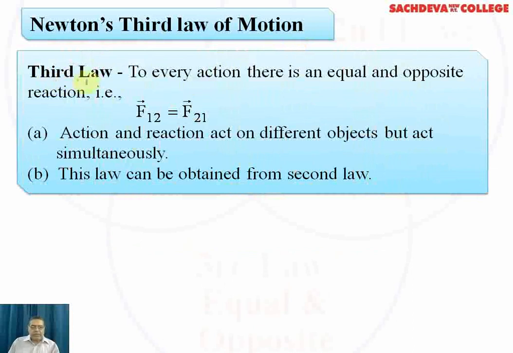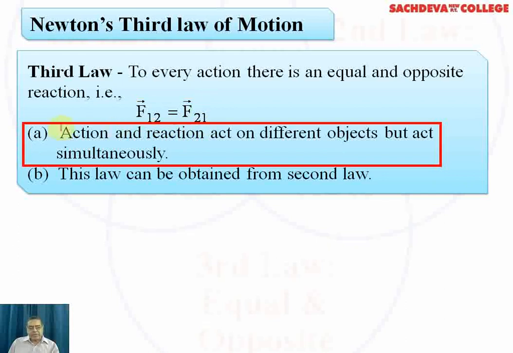Now, the third law is stated, which I have already explained: to every action there is an equal and opposite reaction. Then it is written F12, that is, force on the first body with respect to the second body, and F21, force on the second body with respect to the first body. So F12 is equal to F21.